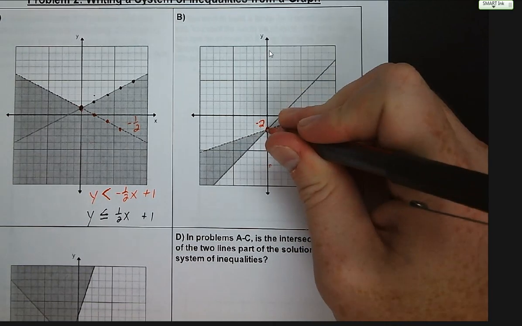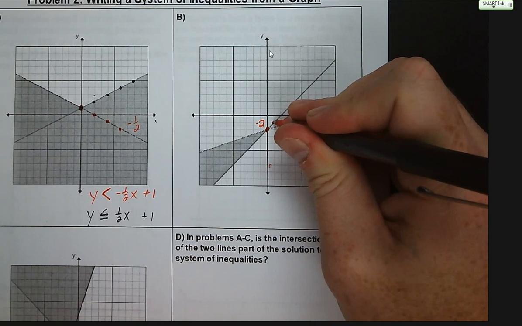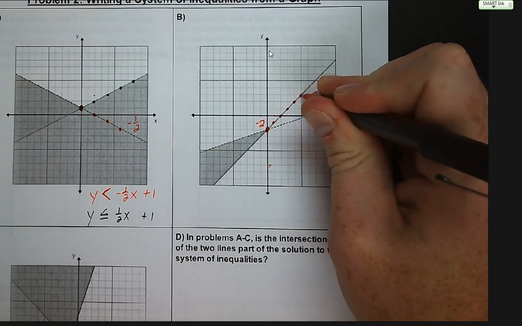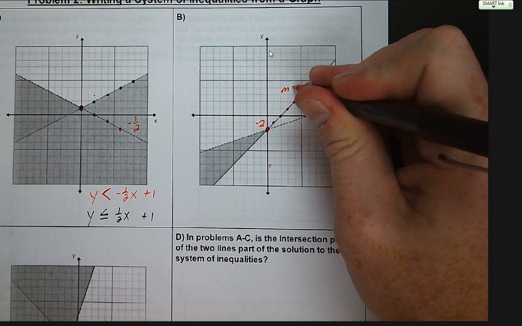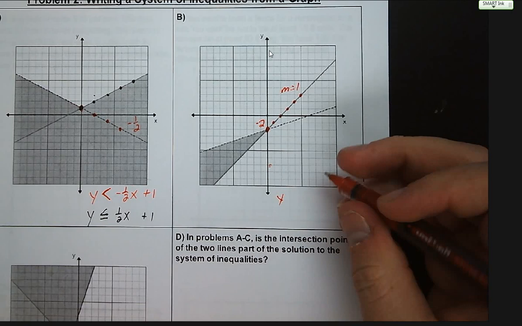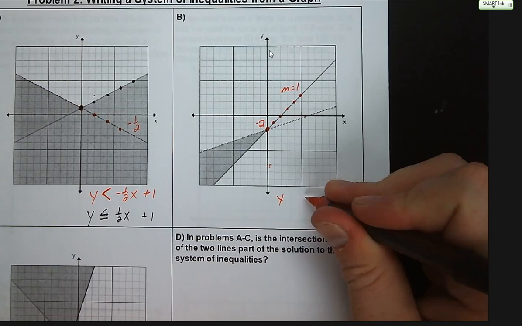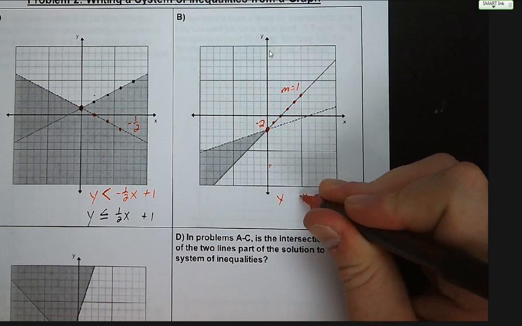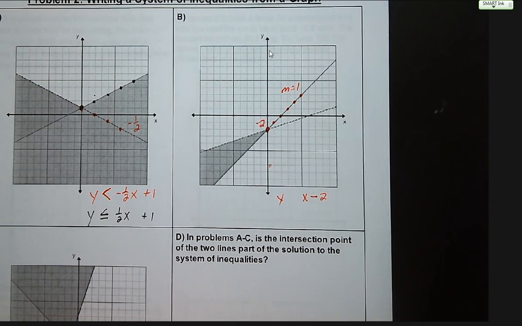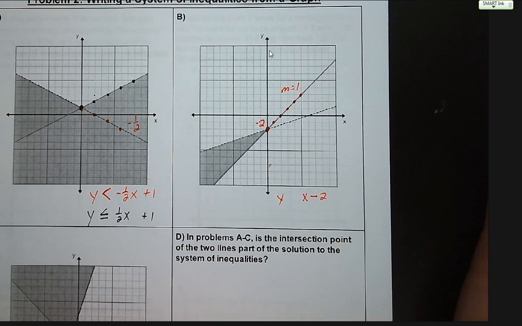From that point, it looks like I'm going up one and to the right one each time on this solid line. So I would say that slope is 1. I have my variable y, and x, because our slope is 1, and -2, because that's our y-intercept.